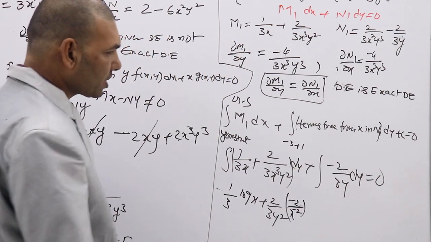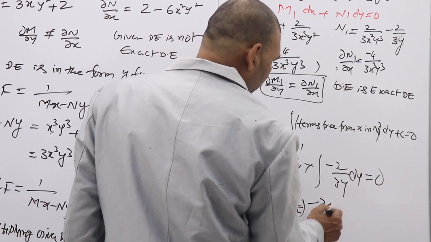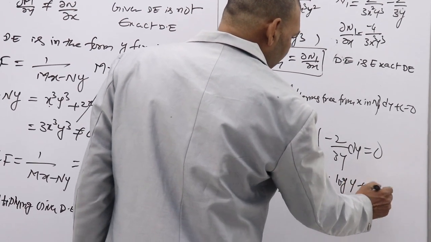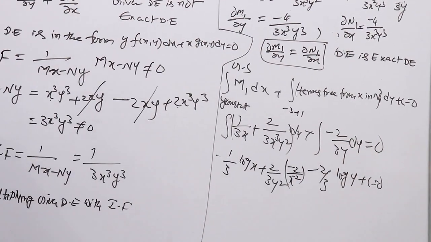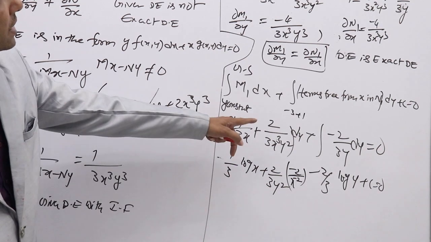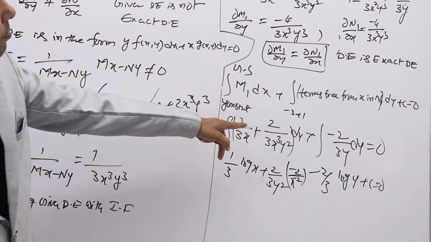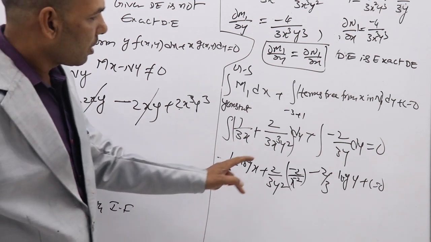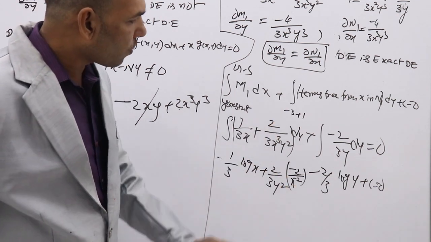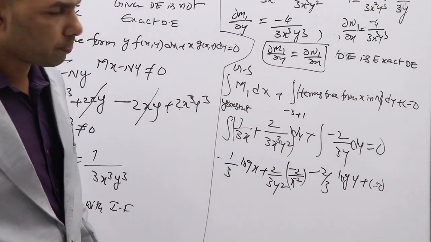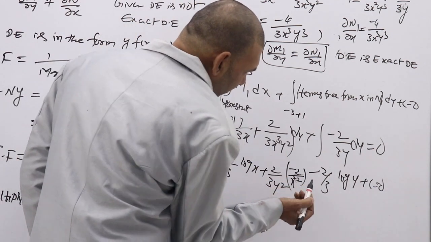So next, coming to here: minus 2 by 3, integral 1 by y is log y, plus c equal to 0. Integral 1 by x is log x, integral 1 by y is log y. Integral 1 by x cube we are having in the second term, which is minus 2 by x square.